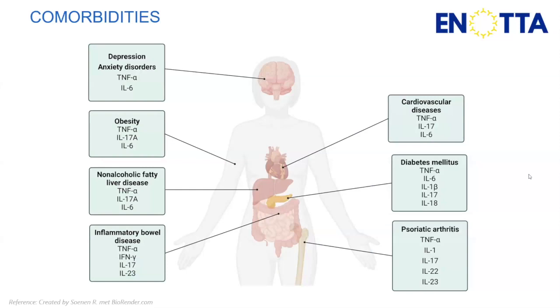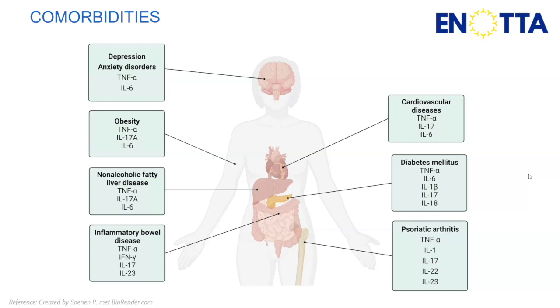Again, back to the comorbidities, it's very interesting to know that the comorbidities that are associated with psoriasis have common immunological mechanisms. Here, this is a slide made by Rani Sunen, my colleague. She made an overview of how the different cytokines have common connection pathways with every comorbidity in psoriasis.